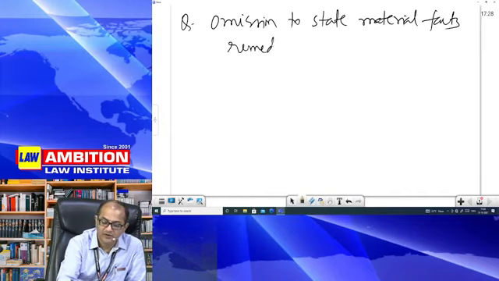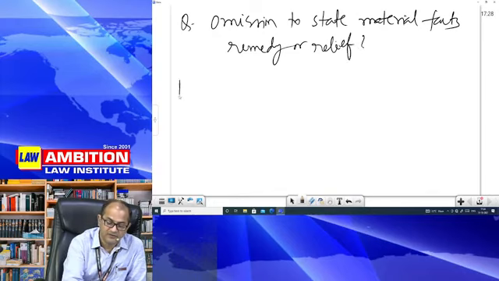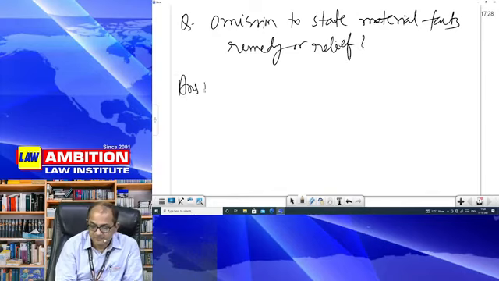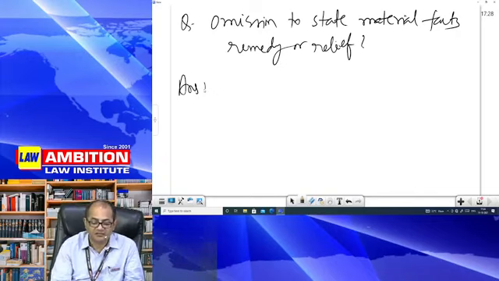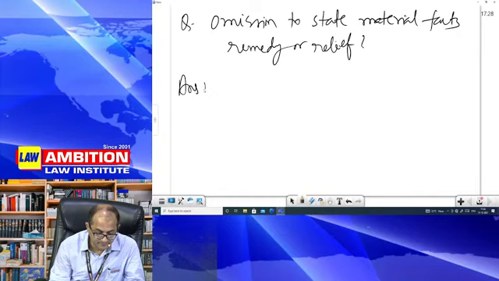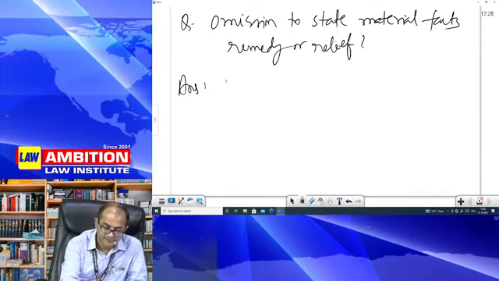What is the remedy or relief in such a situation? So you will say the remedy lies in the form of, so you write down, pleadings need to be amended.